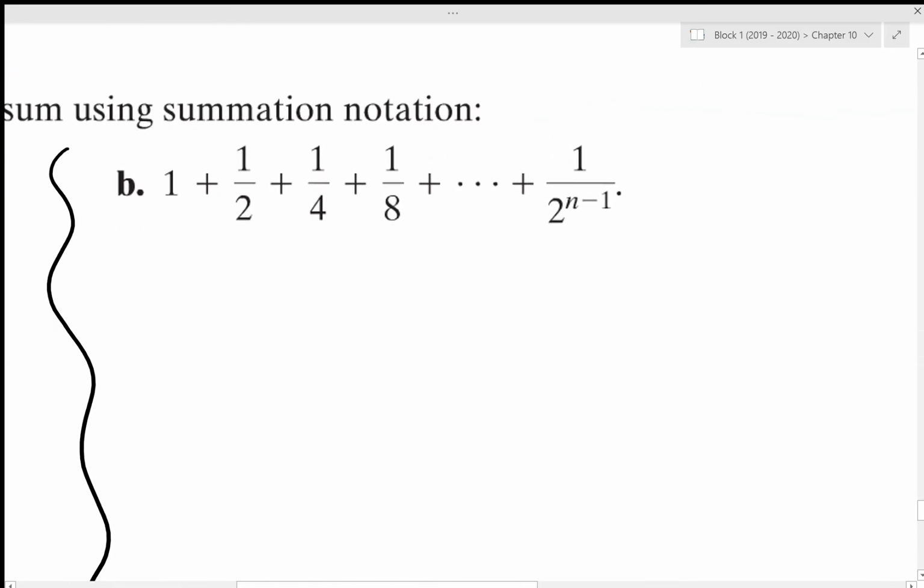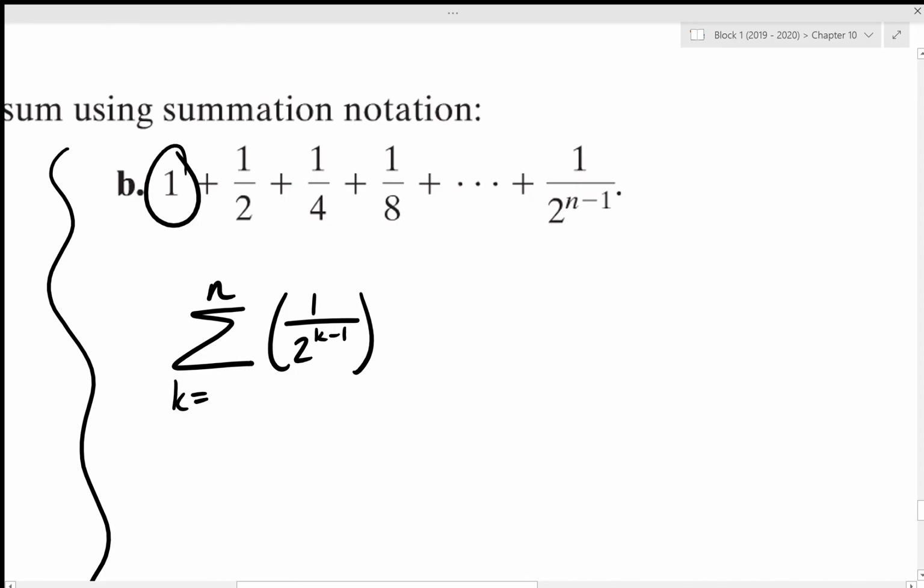Over for B, when I gave you that n, you know you're going to start with n, and your pattern is going to be 1 over 2 to the k minus 1, or I minus 1. Now, again, I have to equal 1, so it's got to be 1 divided by 1, and the only way for 2 to a power to become 1 is if it's to the 0 power. So k minus 1 has to be 0, so k is 1.